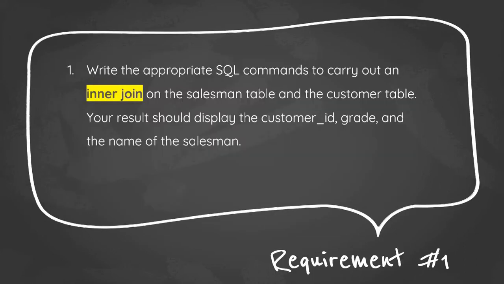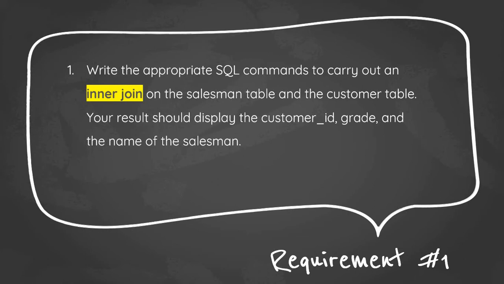After we create a database along with the three tables, these are the requirements. First, write the appropriate SQL commands to carry out an inner join on the salesman table and the customer table. Your result should display the customer ID, grade, and the name of the salesman.